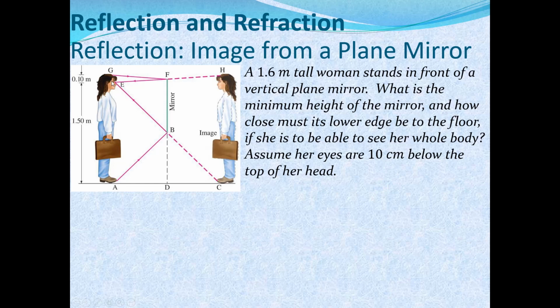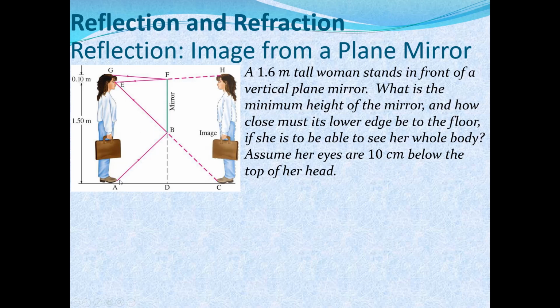Because they're equal, due to the trig functions, sine theta, cosine theta, tangent theta, SOHCAHTOA, the vertical distance that G travels down is equal to the vertical distance that E travels down, since the angles are the same and they're both the same distance apart between our eyes and the mirror. So the top of the mirror at minimum would have to be halfway between the top of her head and her eyes.